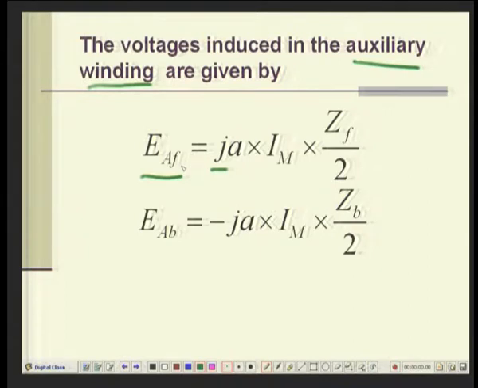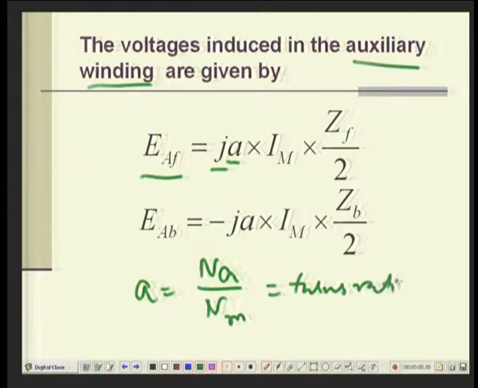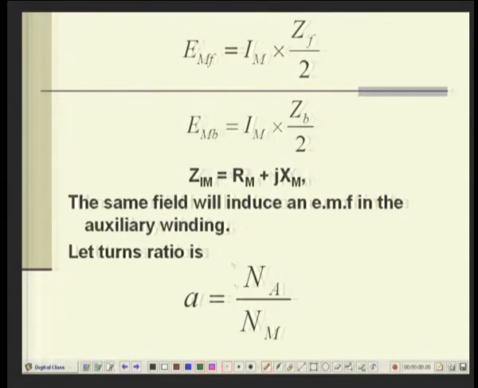And the auxiliary winding has a turns ratio a equal to Na by Nm, so the voltage will be a times what it was producing in the main winding, Im into Zf by 2.